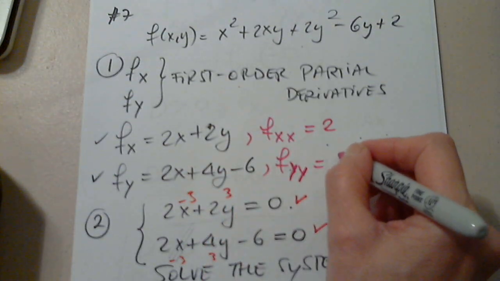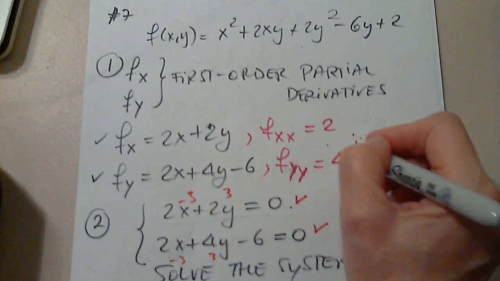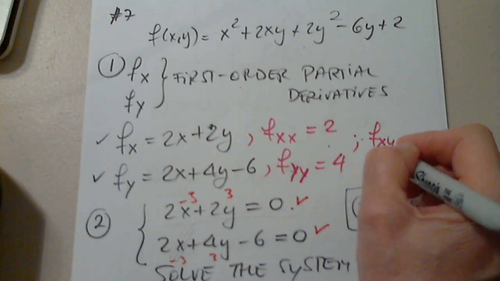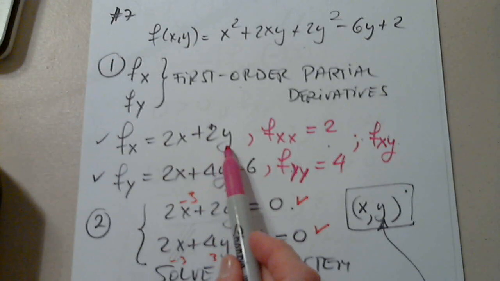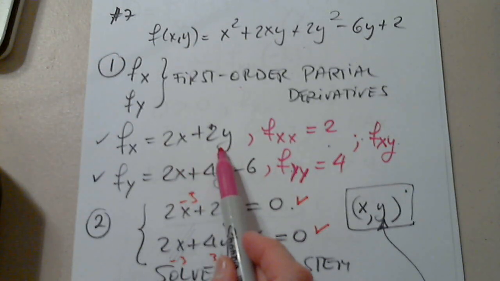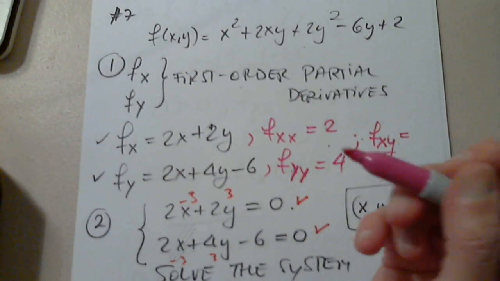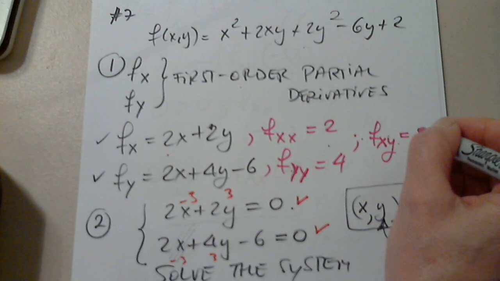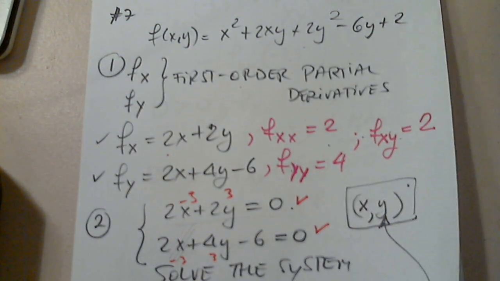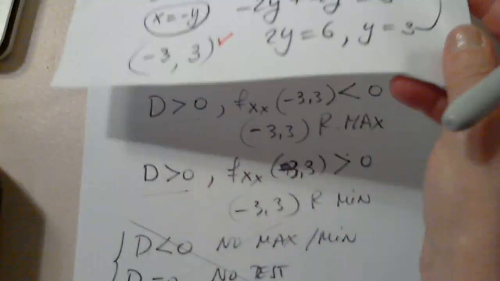Would be 4. That's it. Good. And now we want fxy with respect to y. That's it. Awesome. I'm ready to calculate our D.